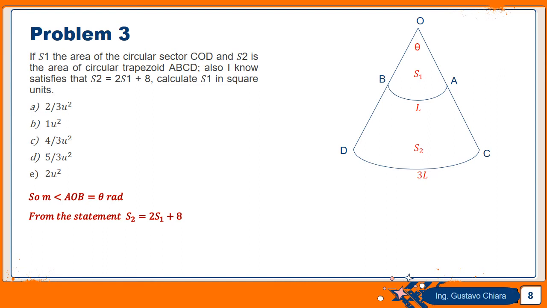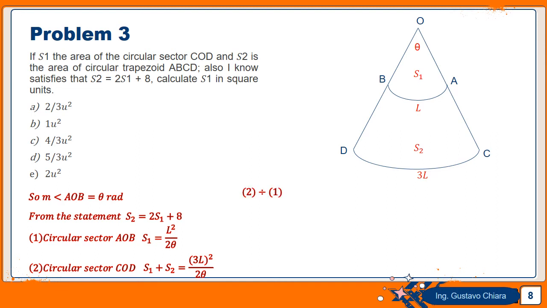From the statement, S2 is equal to twice S1 plus 8. Well, expression number 1, the circular sector AOB is S1 equals the arc squared divided by 2 theta. Well, the second expression, for the circular sector COD, is that the area S1 plus S2 is equal to 3L squared divided by 2 theta.